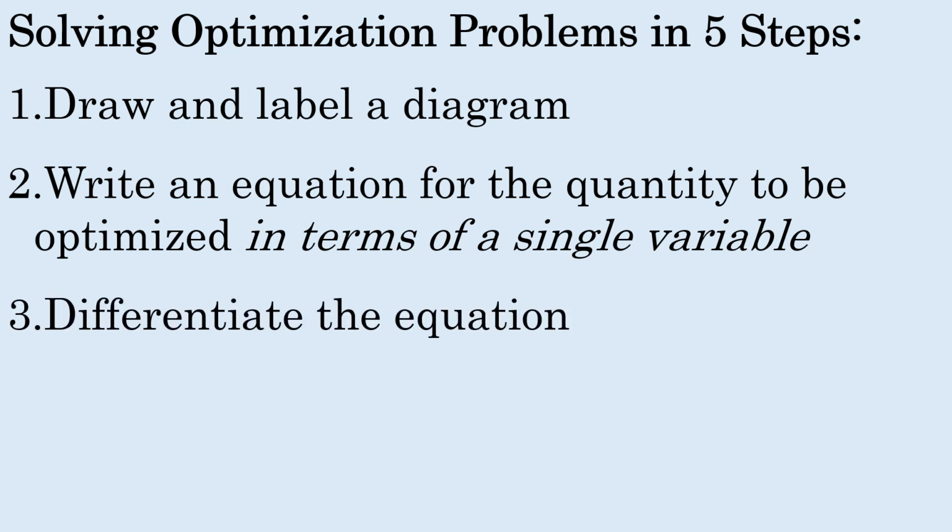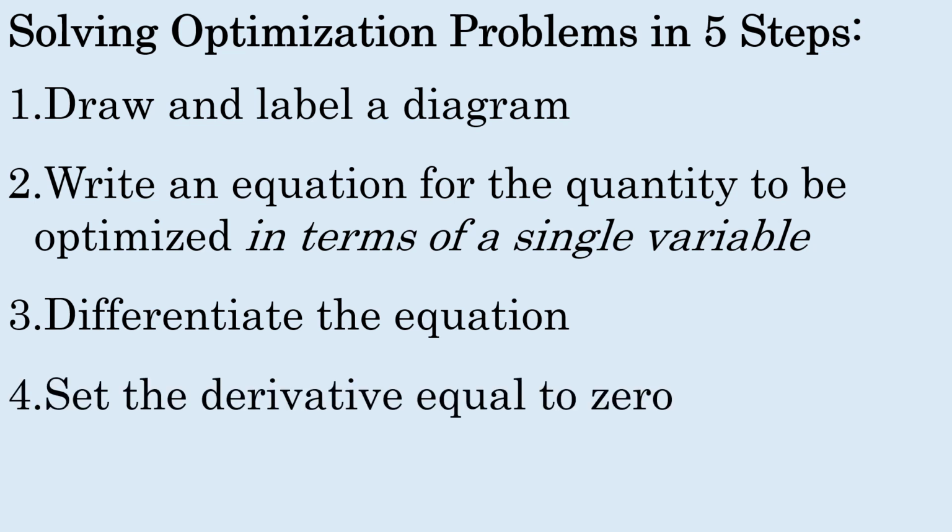The third step is where the calculus comes in. You will take this equation and you will differentiate it with respect to the single variable in which you've written the equation, before getting to step 4, which is to take that derivative and set it equal to 0. You might be familiar with the process of graphing a function.